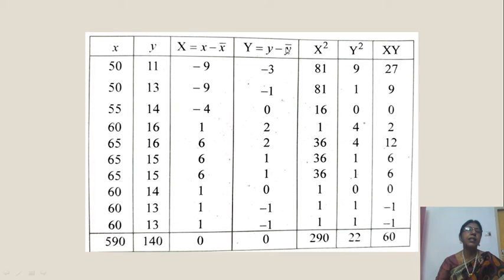So 11 minus 14 is minus 3, 13 minus 14 is minus 1, like that. After finding capital X and capital Y, find x square, y square, and x into y. Then take the sums: sigma x square, sigma y square, sigma xy.